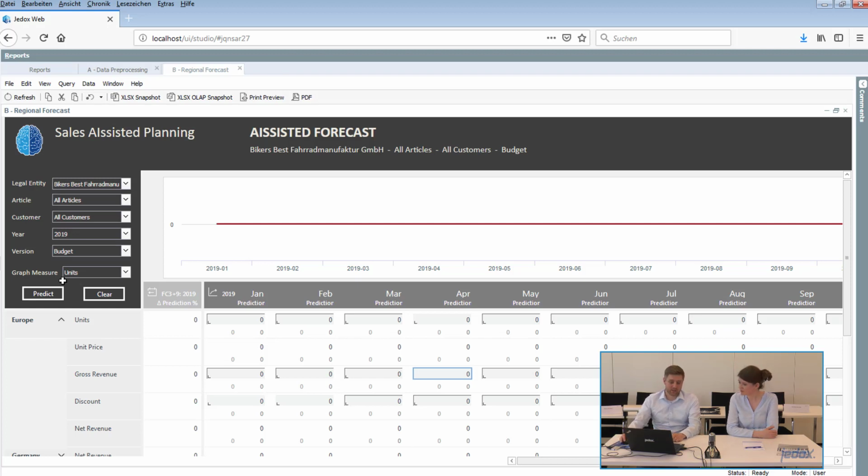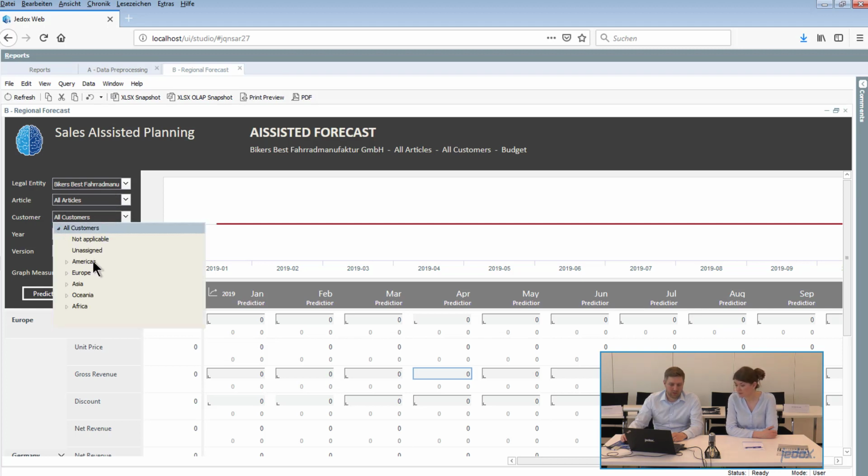And exactly this is what is done by the prediction algorithm. And we can not only do this for units, we can also do this for gross revenue. So we can just select this. It doesn't matter which one we choose. It's always done. And we can also do this for all the hierarchy levels.